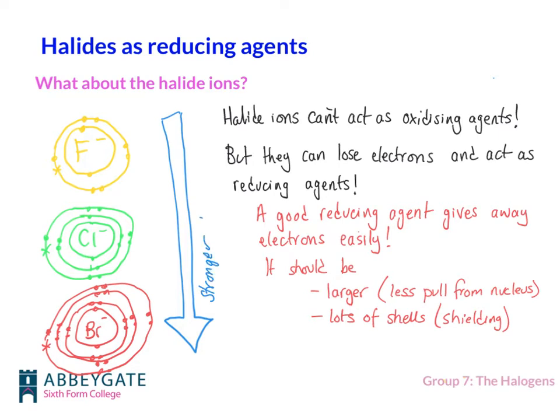So as we can see, they are stronger reducing agents. They get stronger as we go down the group. So I've only shown fluoride, chloride and bromide, but then we'd have iodide and astatide would be even stronger reducing agents.